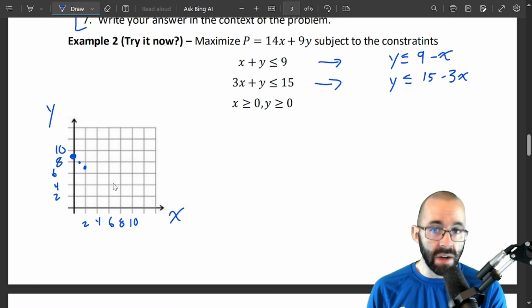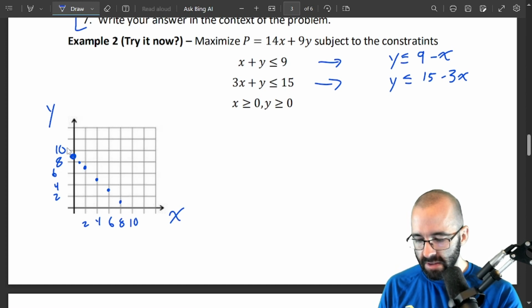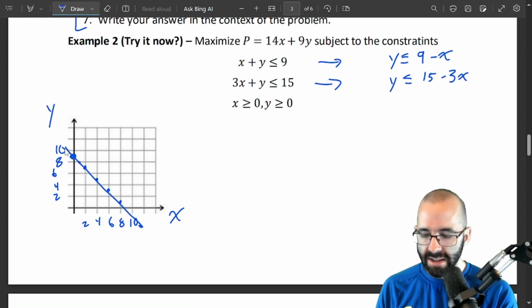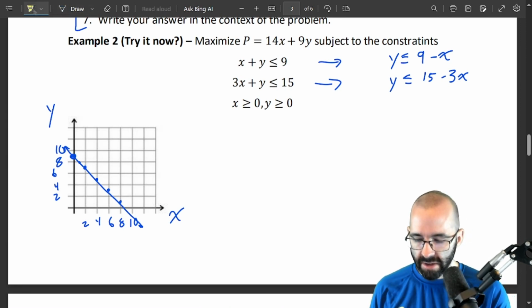Again, down 1 unit, right 1 unit. Not always the same as down 1 box, right 1 box. And this is what this one looks like. It's solid because it's less than or equal to. And we're looking at everything under that line. We're only looking in the first quadrant here.